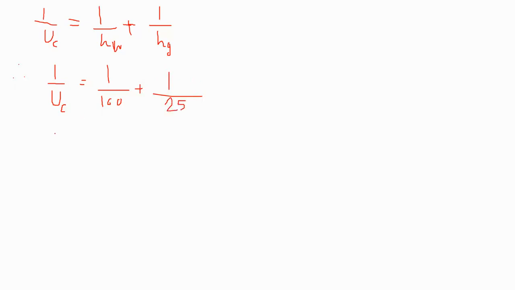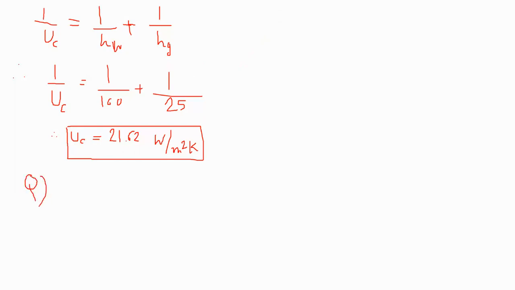So when you calculate it, you will get the overall heat transfer coefficient on a clean tube as 21.62 watt per meter square Kelvin. And now we will find the heat transfer for the clean pipe, that means before any fouling.